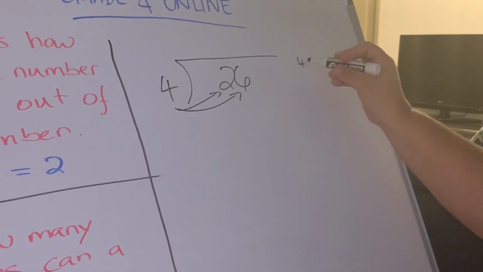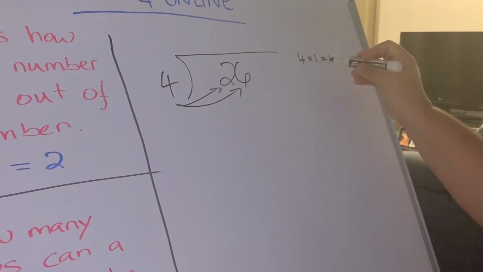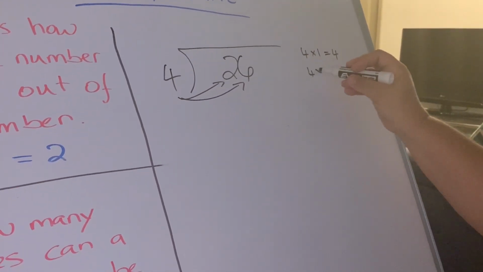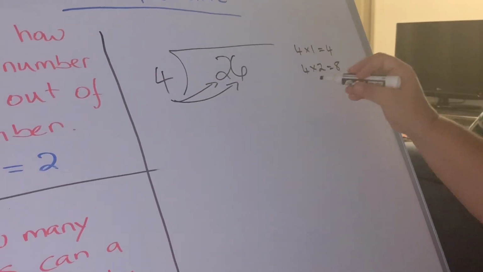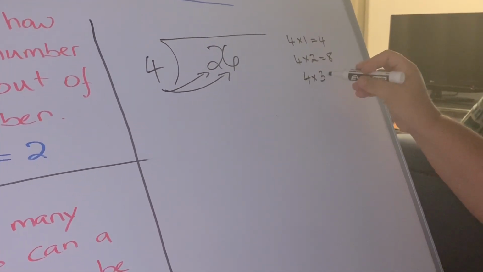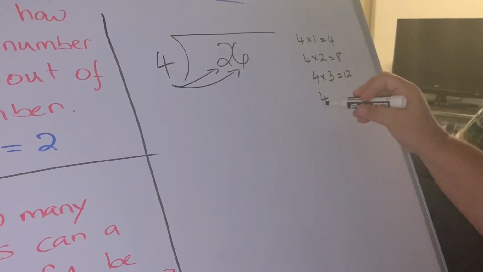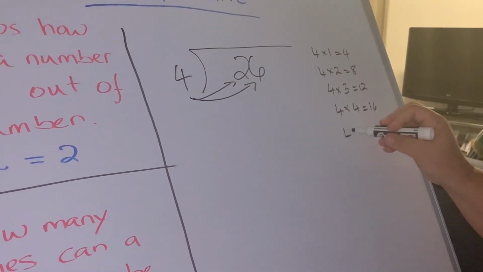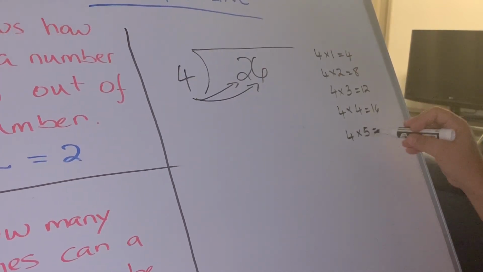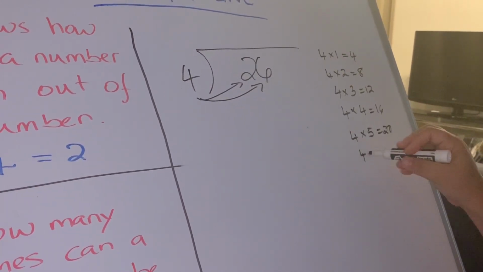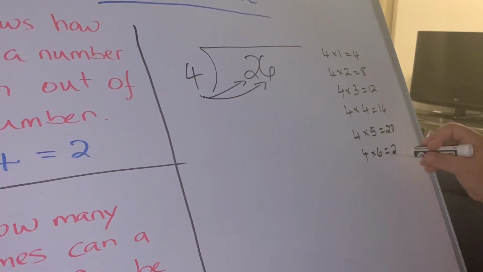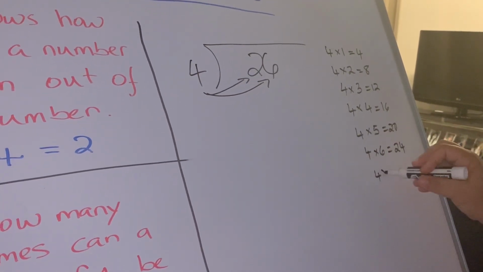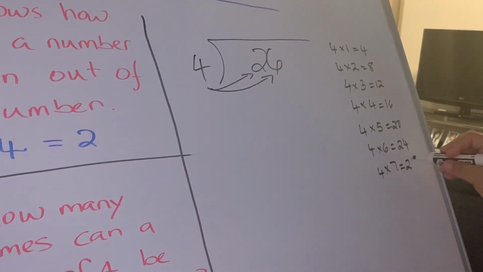Let's work it out using our multiplication table here. 4 times 3 equals 12. 4 times 4 equals 16. 4 times 5 equals 20. 4 times 6 equals 24. 4 times 7 equals 28.